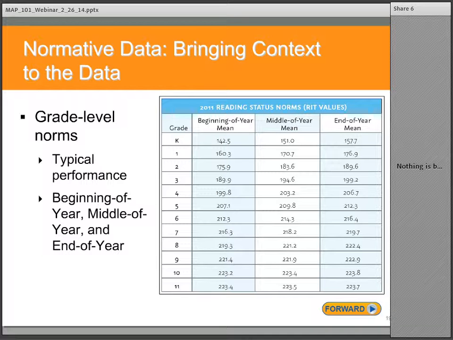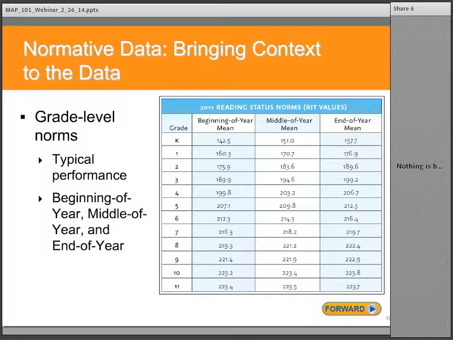Another question that I have for you, Deb, that some of our listeners might be wondering: if I look at a fifth grade student and the beginning of the year mean for reading is 207.1, is that the same mean for math? Oh, no. There are individual norm studies and means for math, for science, for language usage.